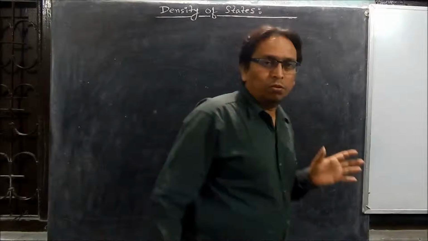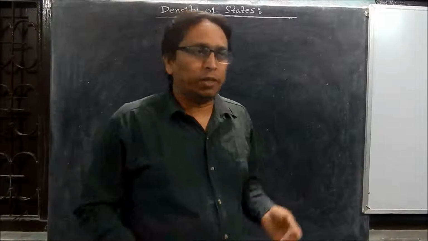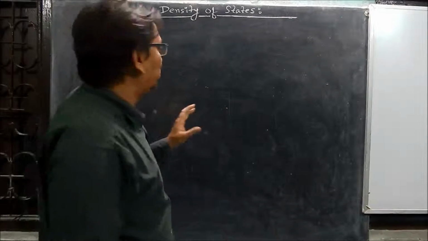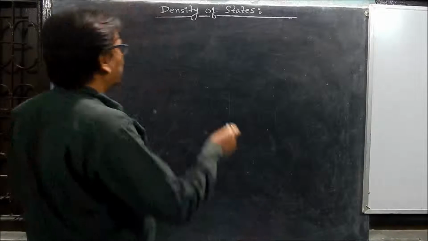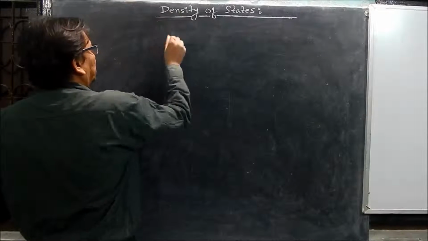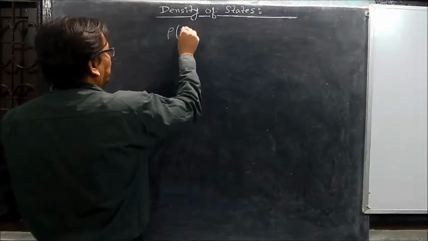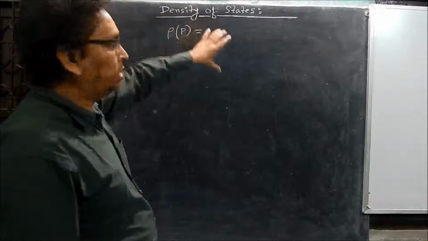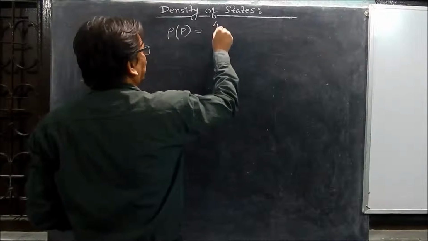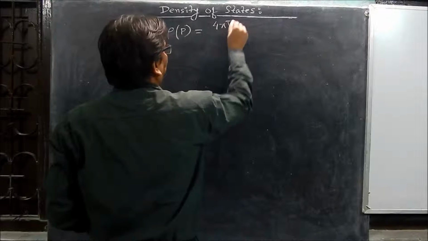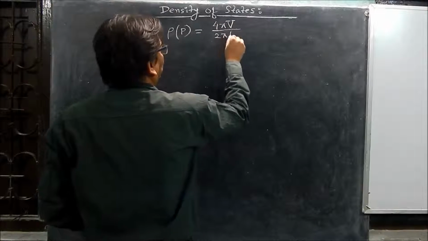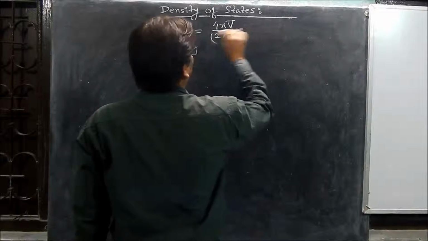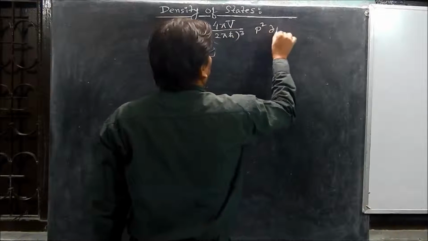Okay, now we will discuss the energy space for density of states. From our previous class we have seen that the momentum space in scalar space of momentum is given by this: 4 pi volume by 2 pi h bar cube, and this was your p square and del p.